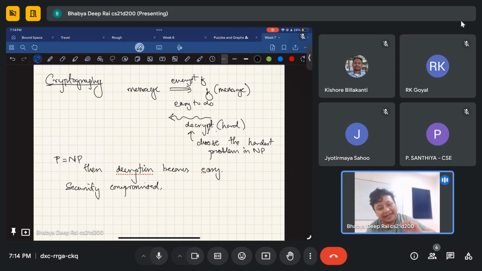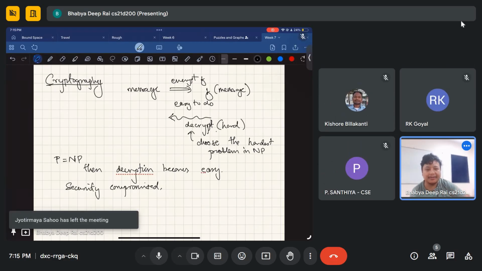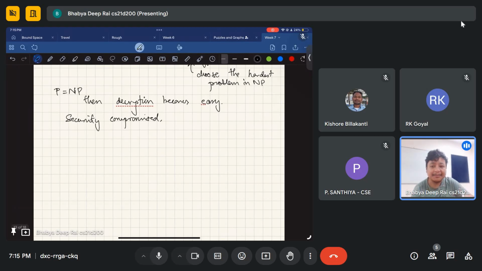The hard problem resides in NP, which means that if my certificate is valid, if my solution is valid, it is easily verifiable. If my solution is not valid, then it will, in a short amount of time, tell me no, it is not valid. Okay. So this is an example. So far, this is the picture.